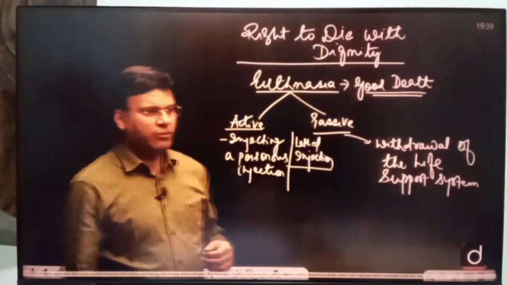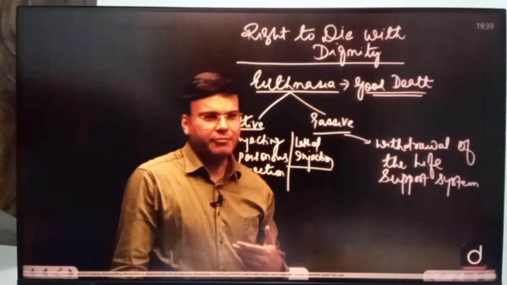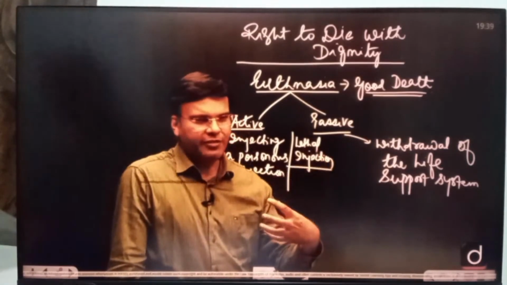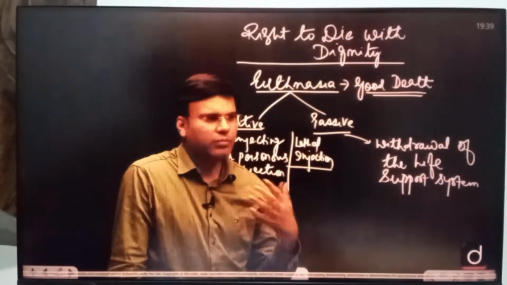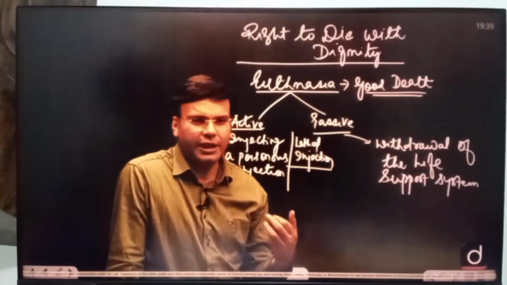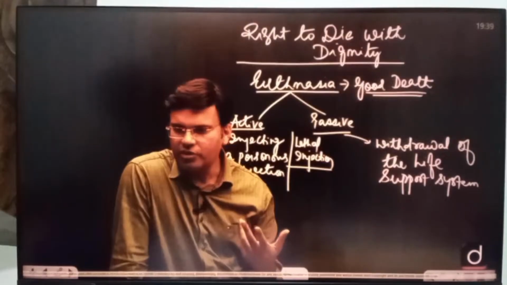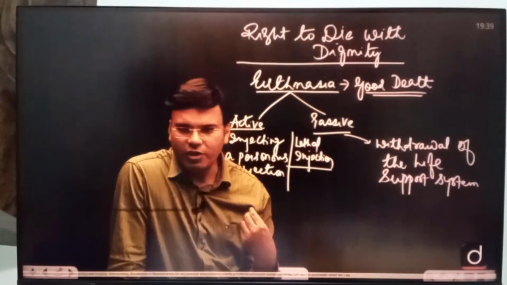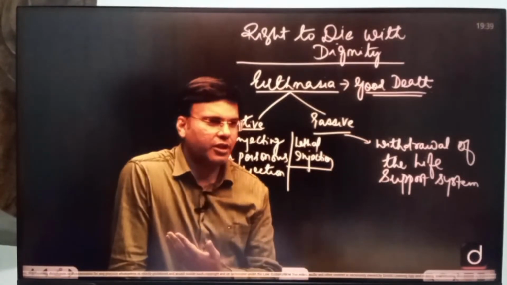So sometimes you may survive on a life support system, and passive means that you're not actively doing anything. जिस चीज पर आप survive कर रहे हैं, that support system is taken away. So that now it is seen whether you can survive naturally. The answer is no, because the person who is surviving on a life support system will not be able to survive even for a second if that life support system is taken away. So this is called passive euthanasia.